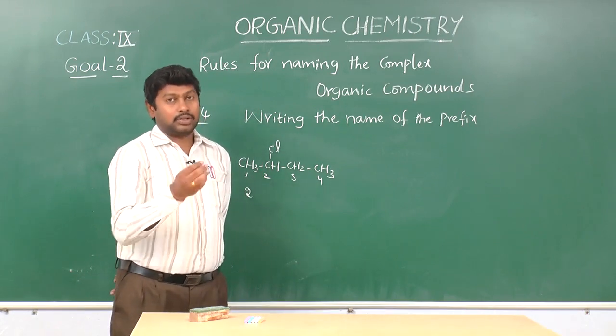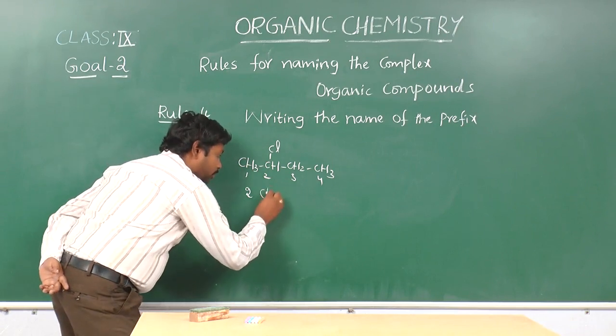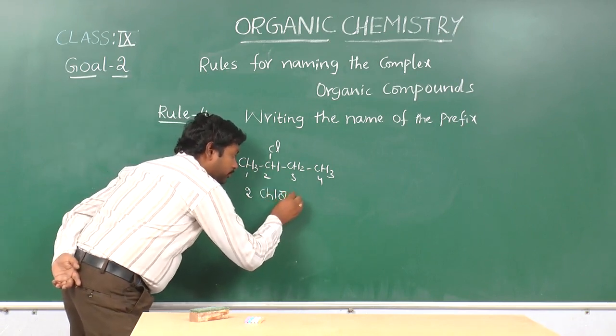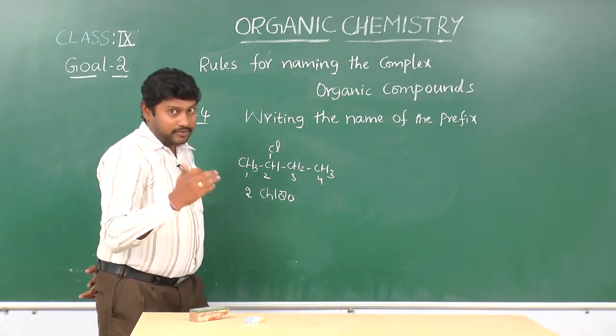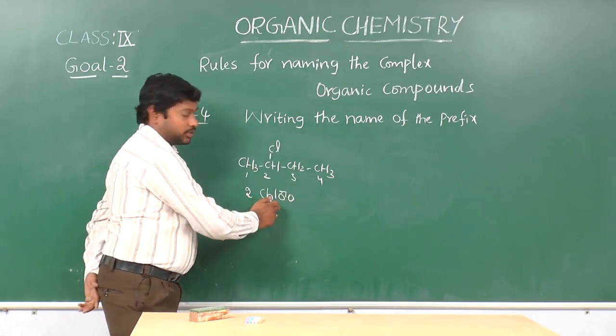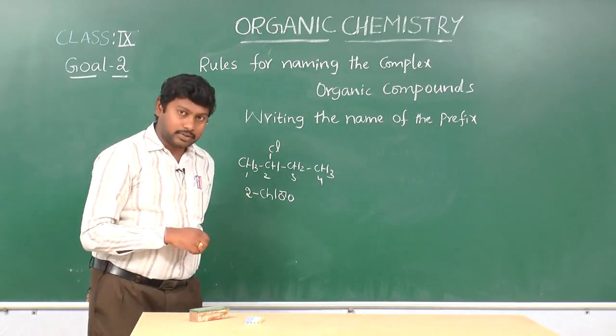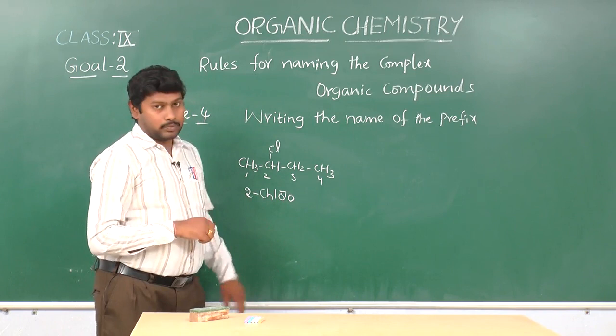Chlorine. Then the prefix name is chloro. And a hyphen is inserted between the locant and substituent name, 2-chloro.